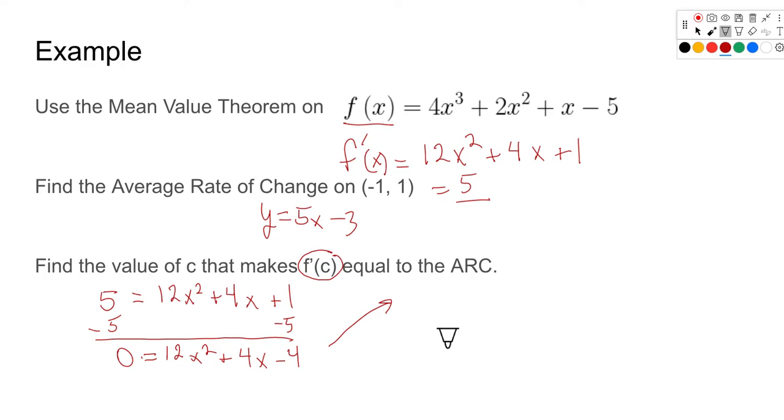I think I did. Yeah. It didn't work out exactly how I wanted, so I manipulated it to get it to work how I wanted it to work, but then I might have messed up when I was doing that. Well, we'll see. So we could factor out a 4.